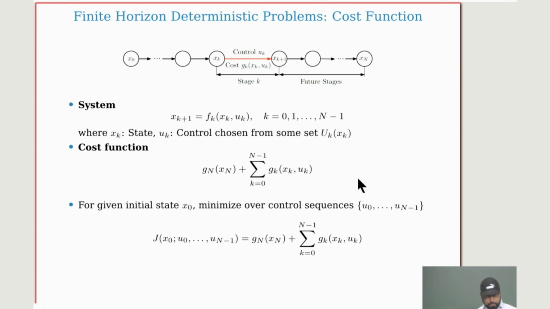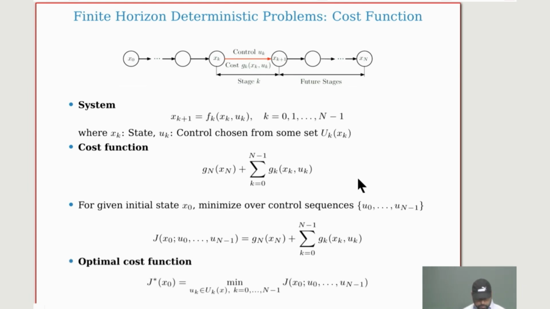So this is an optimization problem over the control sequences u0 to un minus 1. If we can minimize this optimization problem, this is our cost. So we are supposed to minimize this over the controls. This is how we have written this: minimize the cost over the controls u.